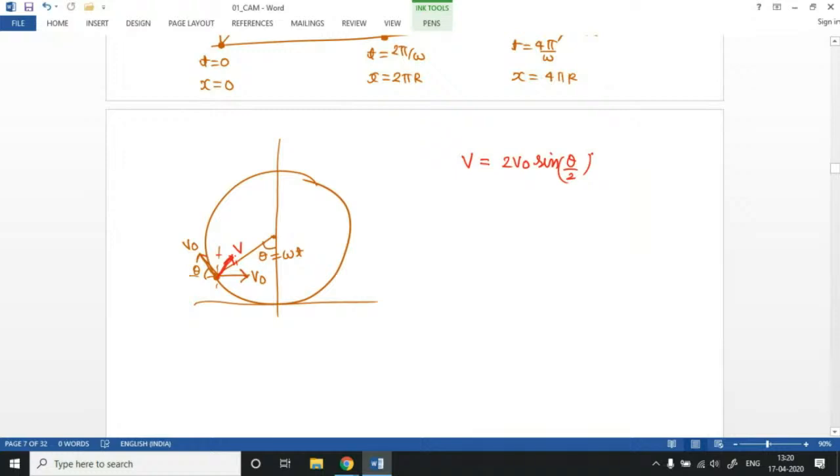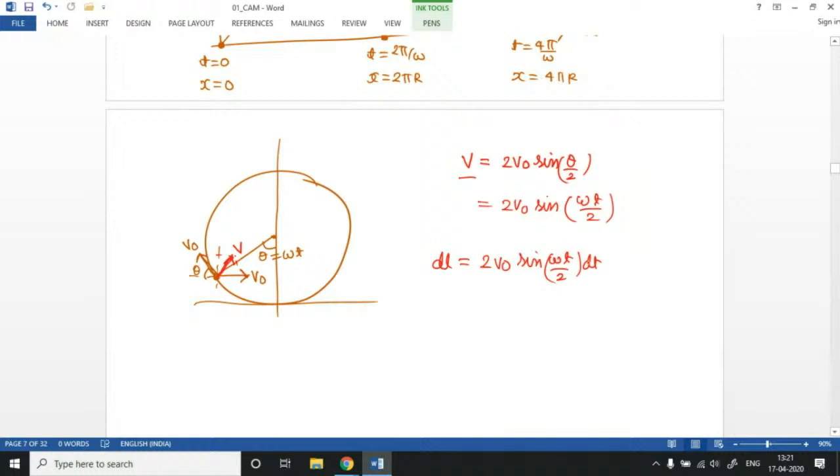If we are interested in finding the distance covered, v is varying as a function of theta, and this is 2 v naught, and theta is a function of time, so that is omega t by 2 over here. The small distance covered in time dt we can simply write as v dt, that would be 2 v naught sine omega t by 2 into dt.